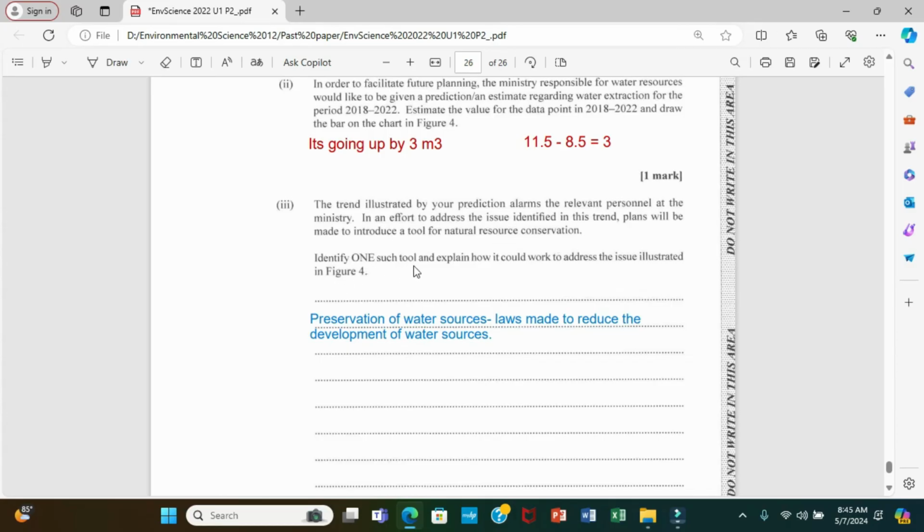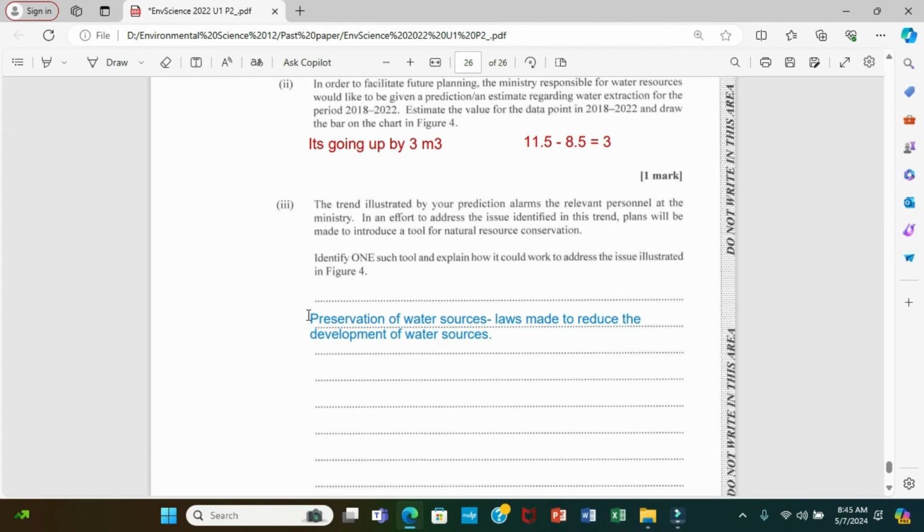Identify one such tool and explain how it would work to address the issue illustrated in figure 4. All right, so it's the ministry, it's government, guys. So the government has a number of strategies that they can use. They can pass laws. They can use incentives. They can use tax levies to control the population or the resources. Now, the one that they will use would be preservation.